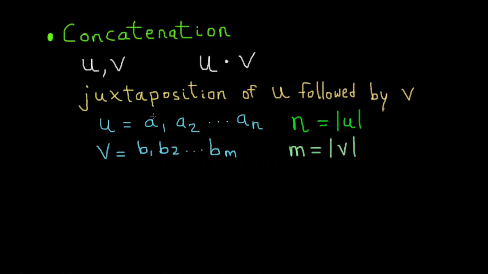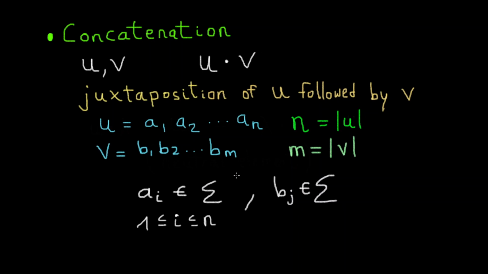So here what we are supposing is that each symbol of this word u, each a sub i, belongs to the alphabet sigma, and in the same way, each symbol of the word v, each b sub j, belongs to the same alphabet sigma. And also, i is between 1 and n, where n is the length of the word u, and j is between 1 and m, where m is the length of the word v.